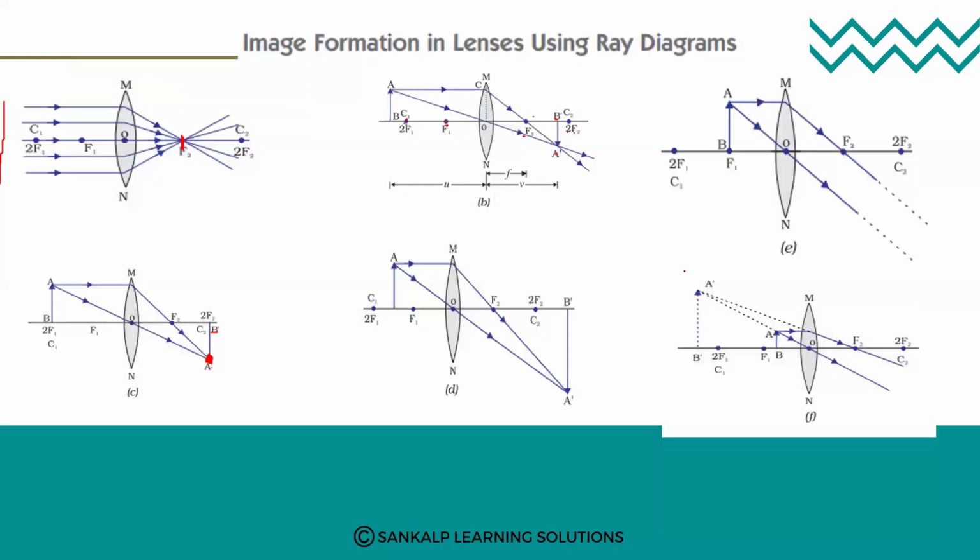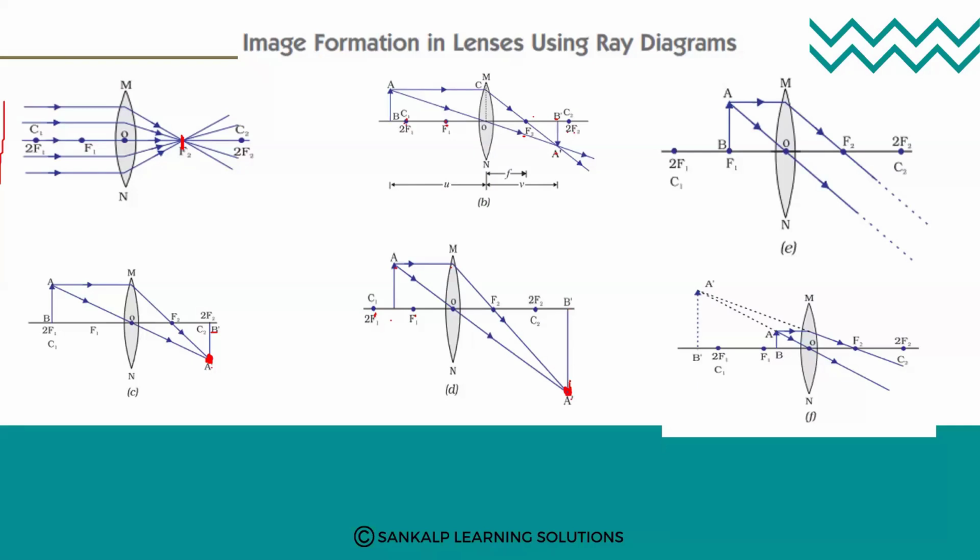Next, between f1 and 2f1. Where is the object now? The object is between f1 and 2f1. Then what happens? One ray is coming like this and one ray is passing through the optic center O. This ray and this ray will meet at this point and the image will form here, and this is also inverted.